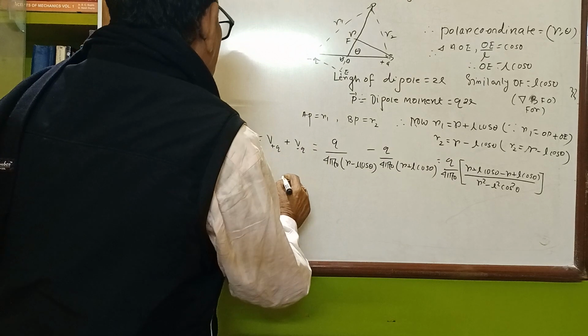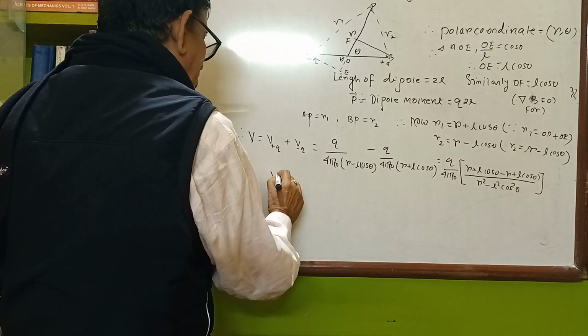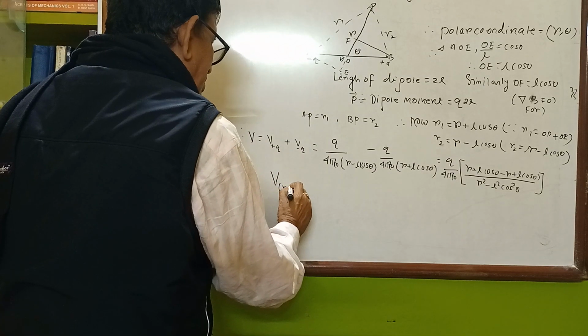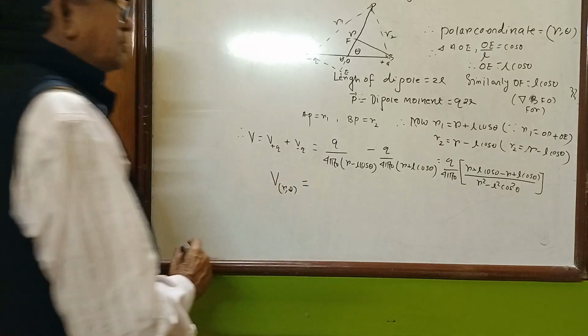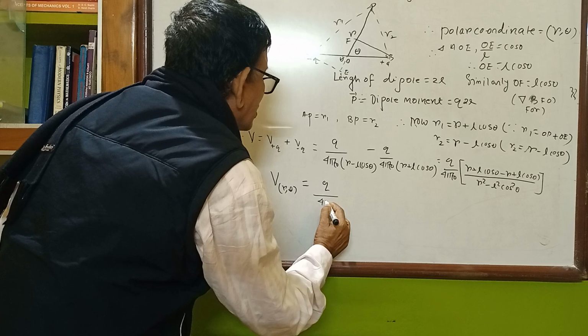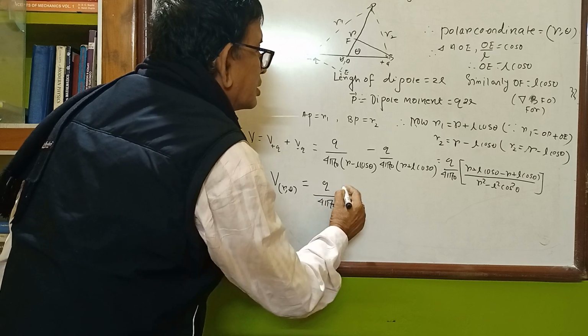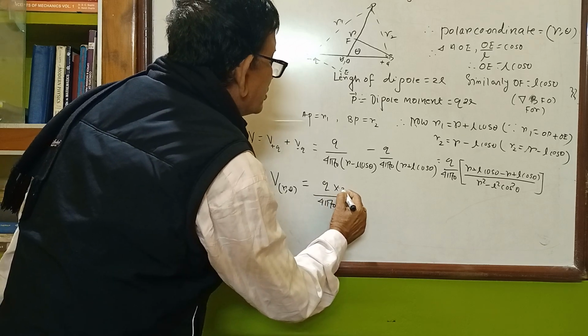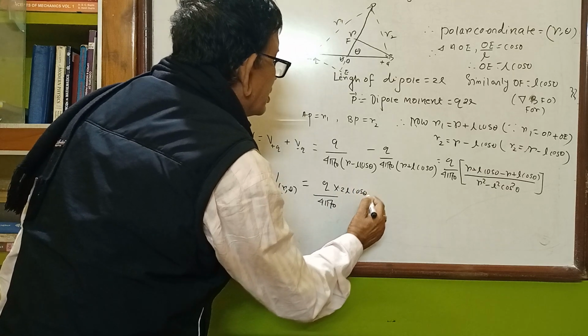So we have potential V for r, theta, we are getting q by 4 pi epsilon naught into 2L cos theta.